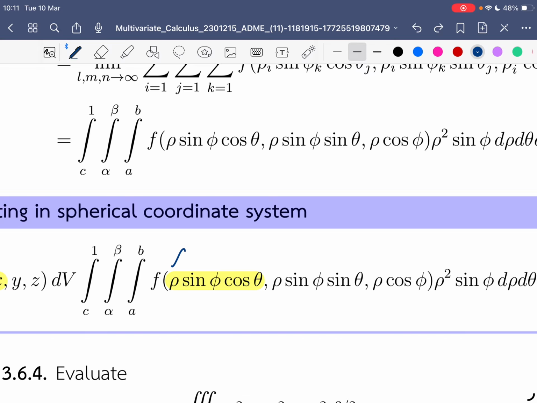This is your x. Your y is rho sine theta sine phi. And z is rho cos phi. Next, you have the extra factor rho squared sine phi, d rho, d theta, d phi.